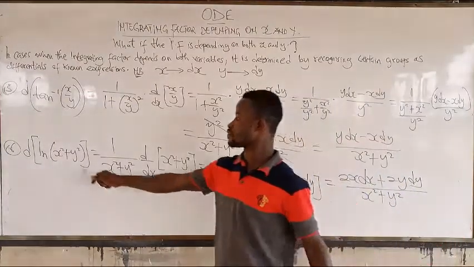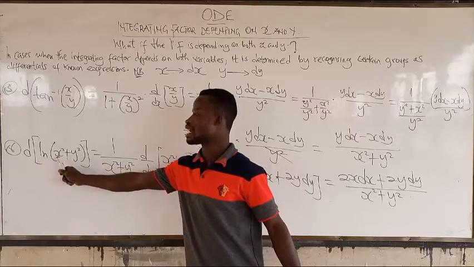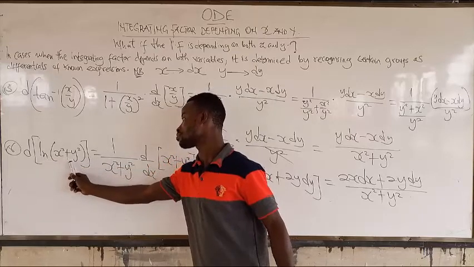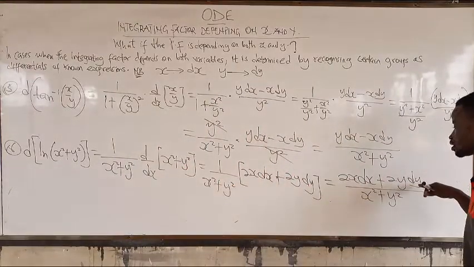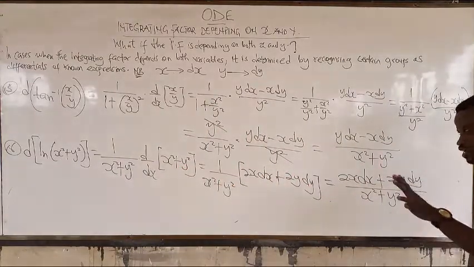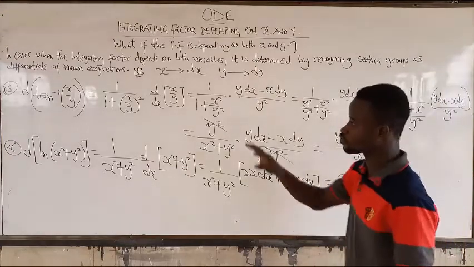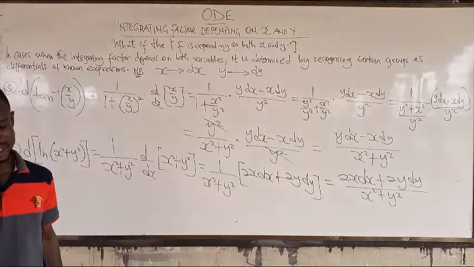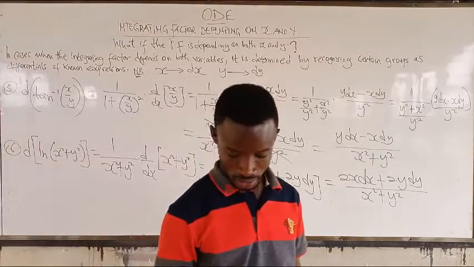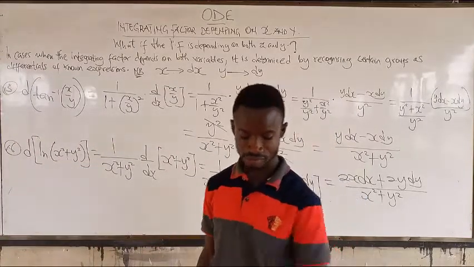And when you differentiate the inside, that is what we are going to get here. So definitely, whenever you have this, go straight, that is going to be the one of the tan inverse. Very good. So that is the proof to that one.